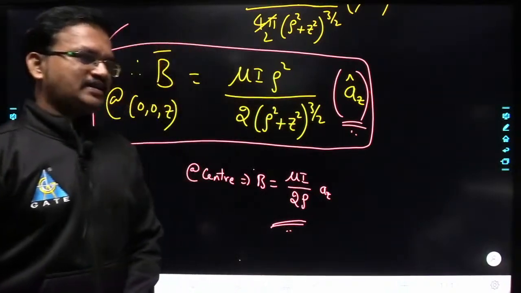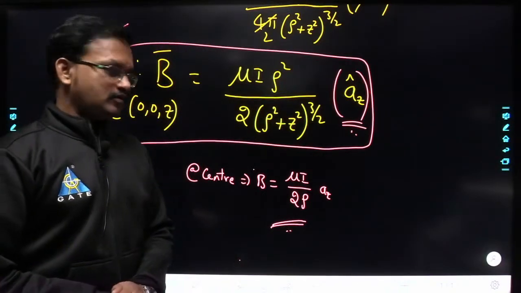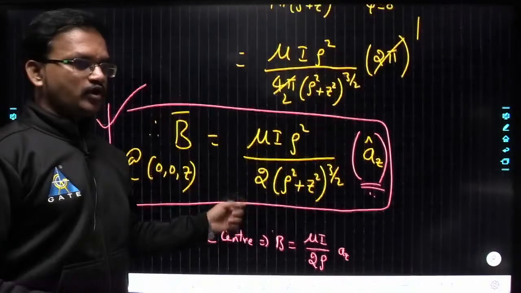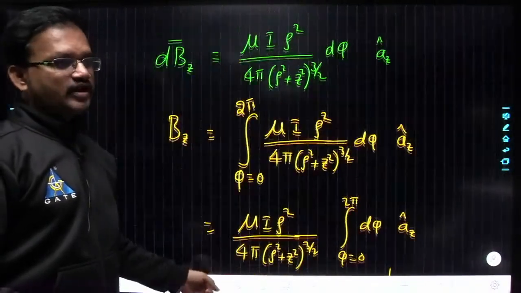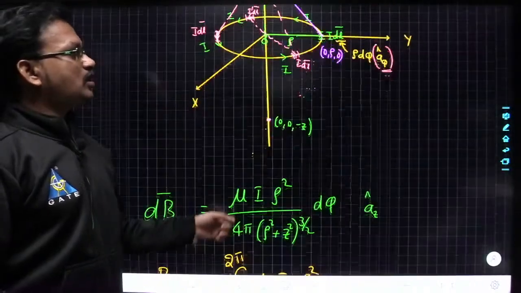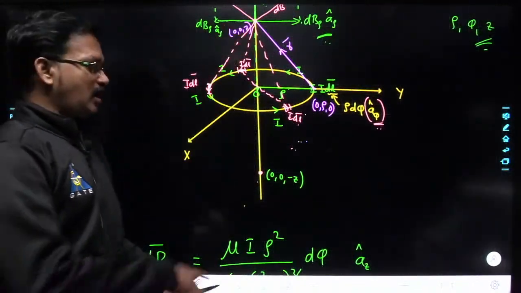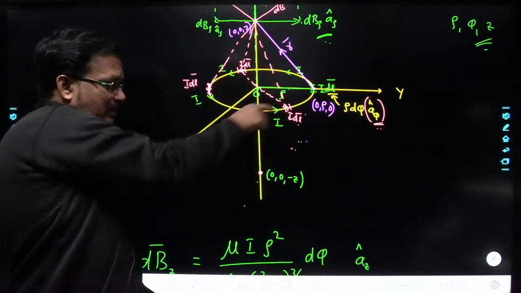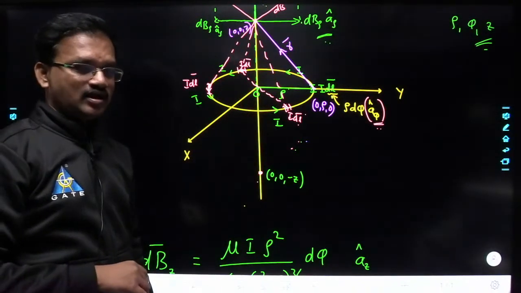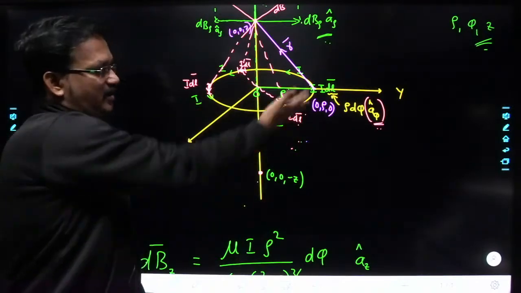You can do it mathematically here, that is no problem. But here, how you have to analyze the direction, that's what I am saying. Whether you are at 0, 0, z or 0, 0, minus z, if you move from this point to this point, the current is not changing direction. It is still flowing in the anti-clockwise direction.